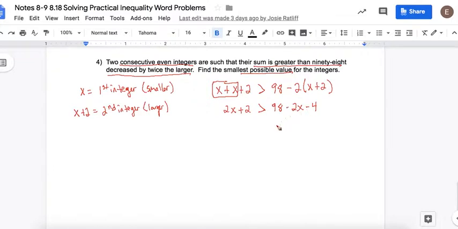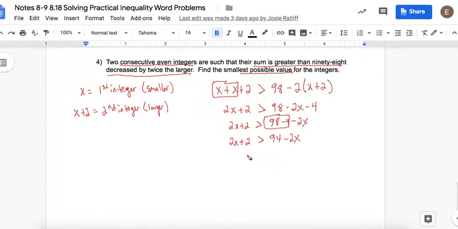Now I see that I can combine these two, so I need to use the commutative property. 98 minus 4 minus 2x. Now I can combine these. 98 minus 4 is 94, so 2x plus 2 is greater than 94 minus 2x.